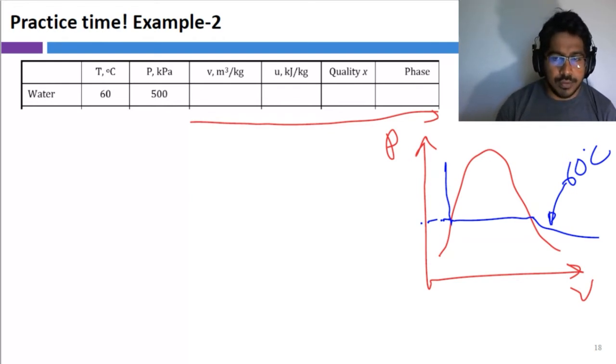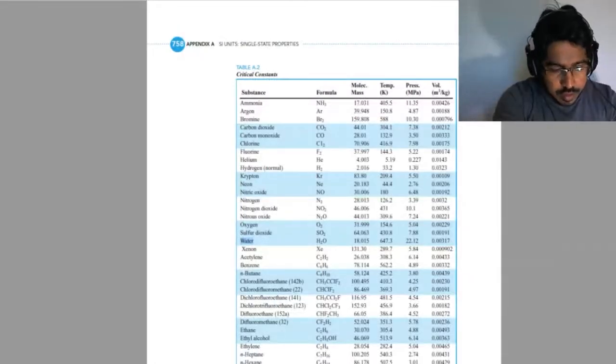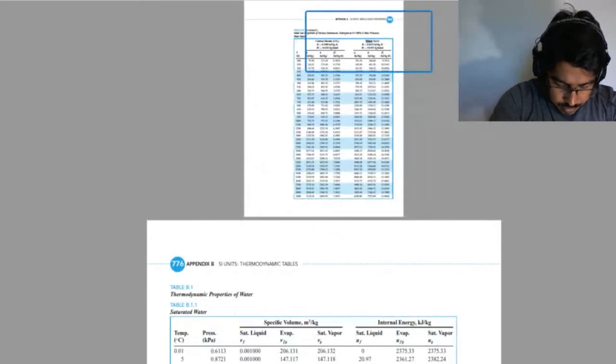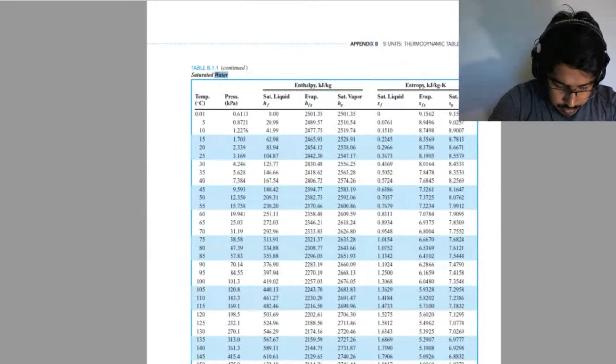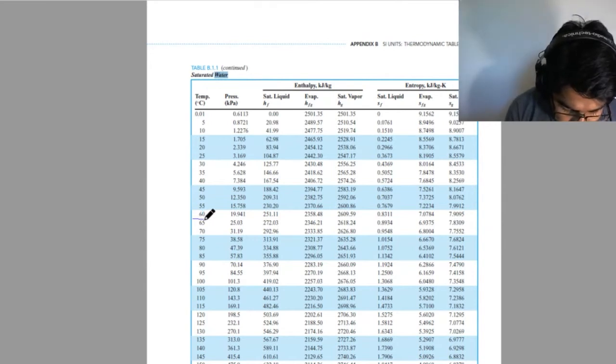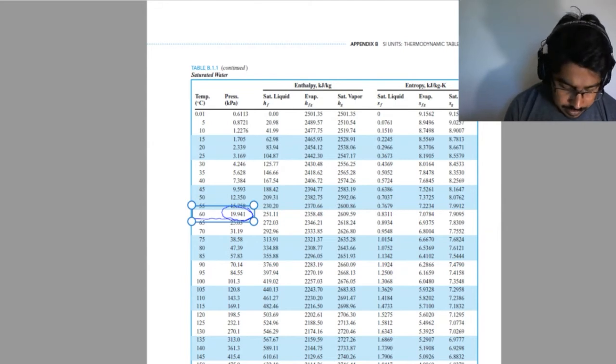So I go for my temperature entry tables because I started with temperature. Now I need to know my saturation pressure. There, I would type water, and then I go until the saturated water, temperature entry tables, and there I want to find my temperature, which is 60 Celsius, and there I have the saturation pressure 19.94 kilopascals, right?